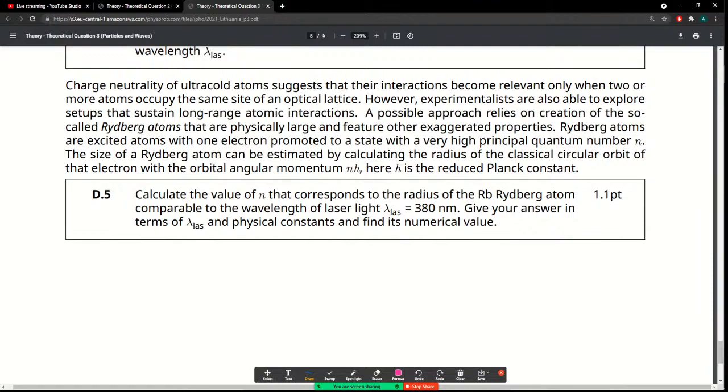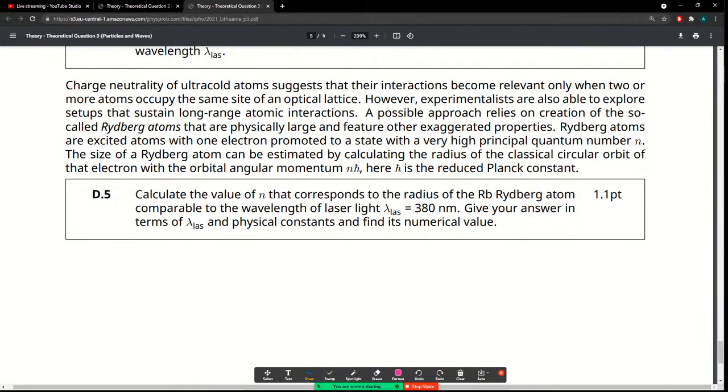Charge neutrality of the ultra cold atoms suggests that their interaction becomes relevant only when two or more atoms occupy the same site of an optical lattice. However, experimentalists are also able to explore setups that sustain long-range atomic interaction.